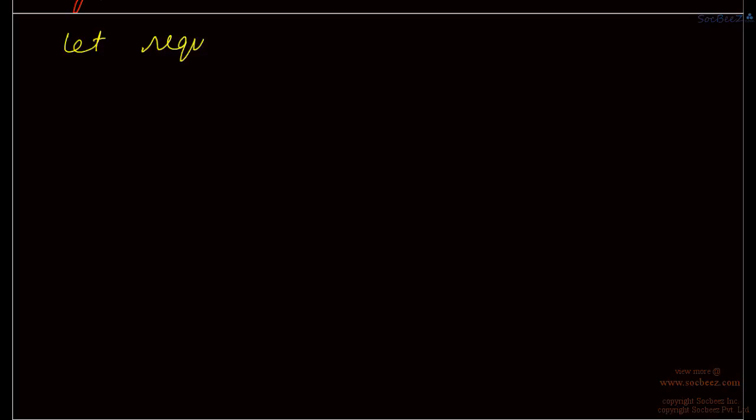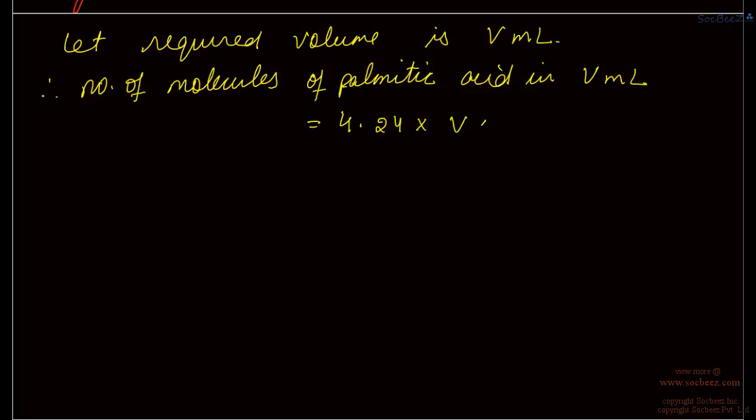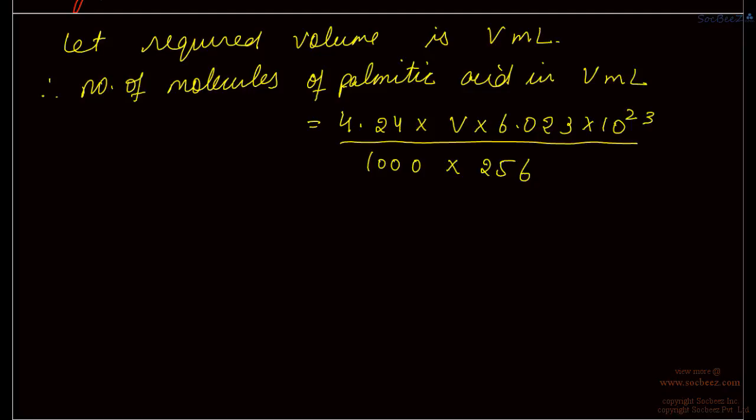Therefore the number of molecules of palmitic acid in VML equals 4.24 into V into 6.023 into 10 raised to the power 23 upon 1000 into the molecular weight, that is 256.